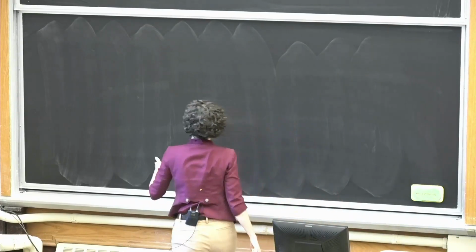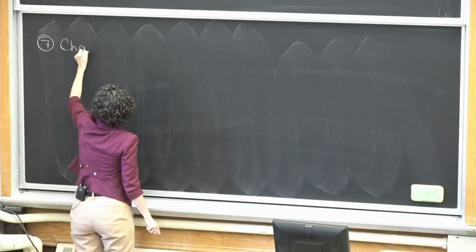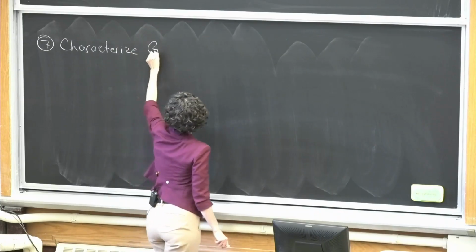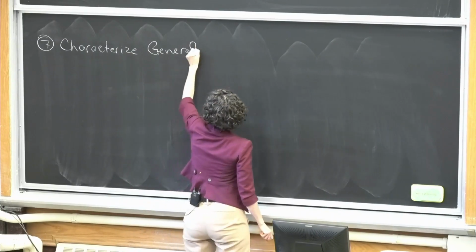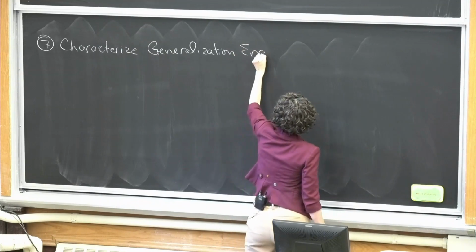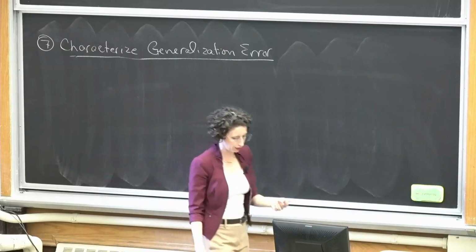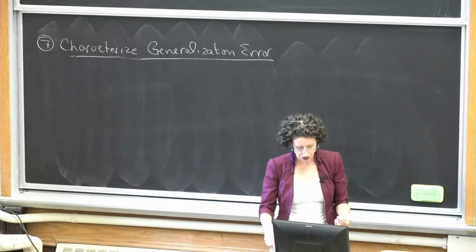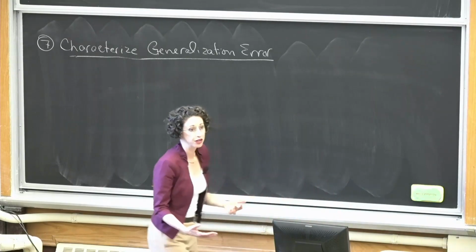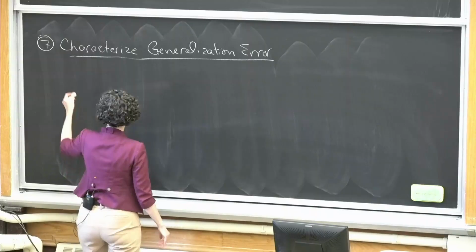Which is to characterize the generalization error. Okay, so when we talk about characterizing the generalization error, we are talking about the average error of our predictor, say of our decision boundary, on new data.